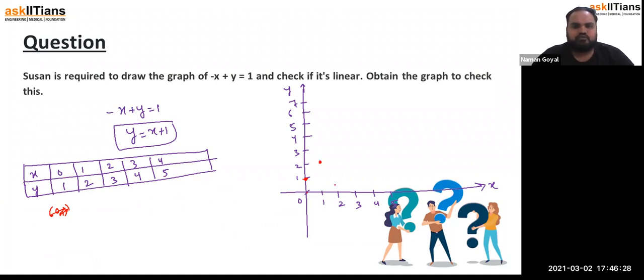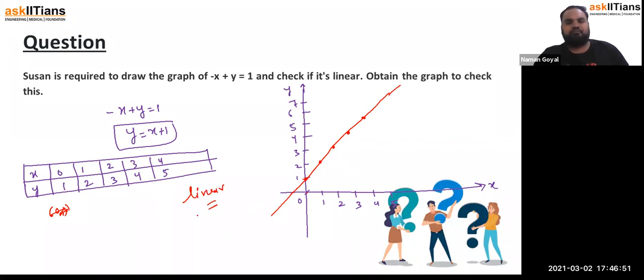When x is 2, y is 3, this point. When x is 3, y is 4, this point. When x is 4, y is 5, this point. So if I join these points, we get a straight line. So this is a linear graph.